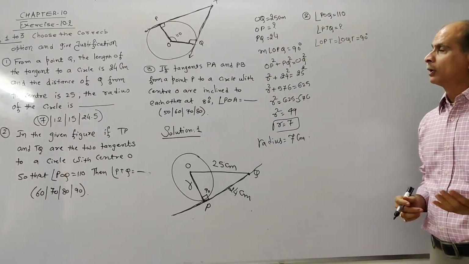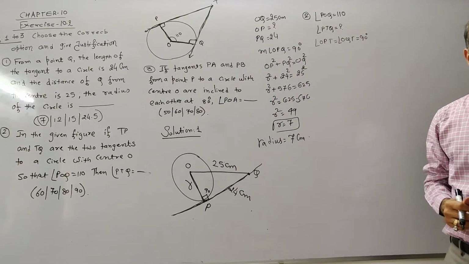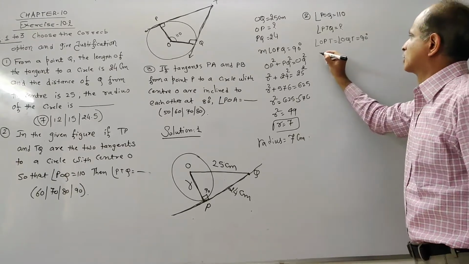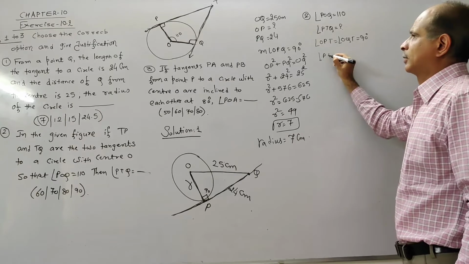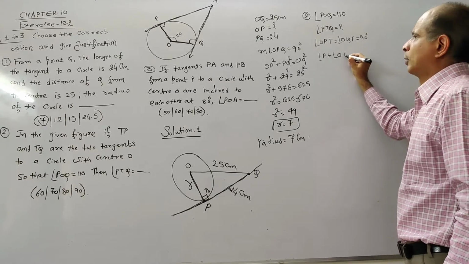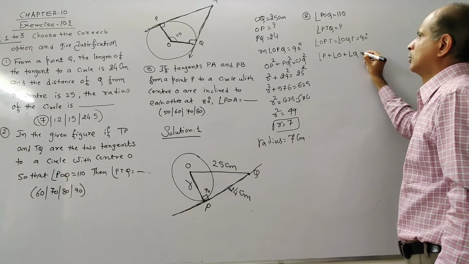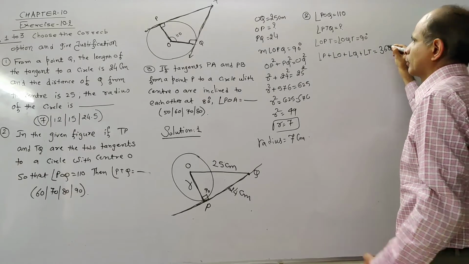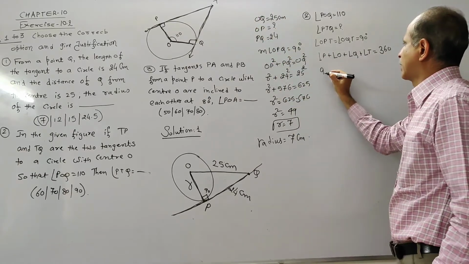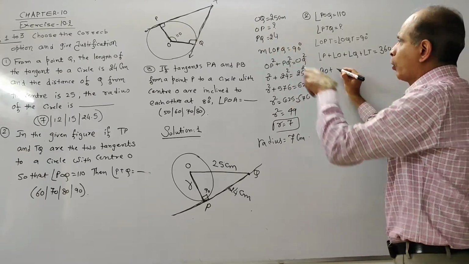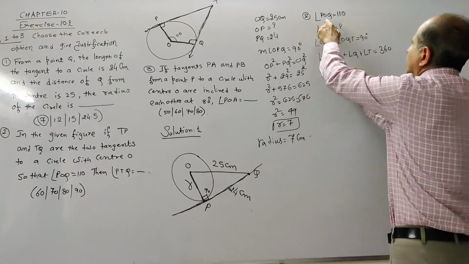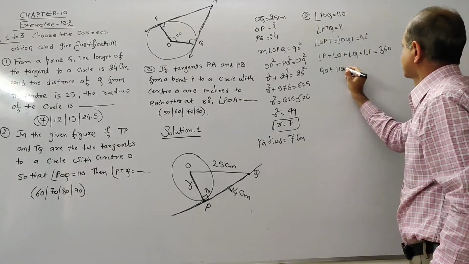And as you know, the sum of all the four angles of a quadrilateral is 360 degree. So angle P plus angle O plus angle Q plus angle T is equal to 360 degree. Now here angle P is equal to 90 degree. Angle O means angle POQ, and this is given to you, and that is 110.